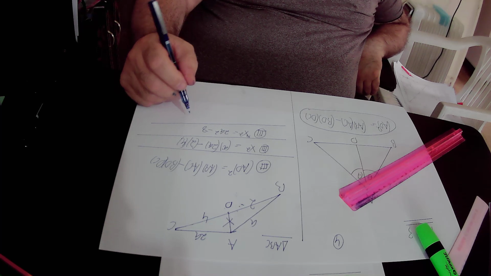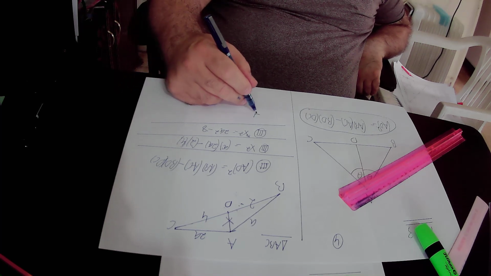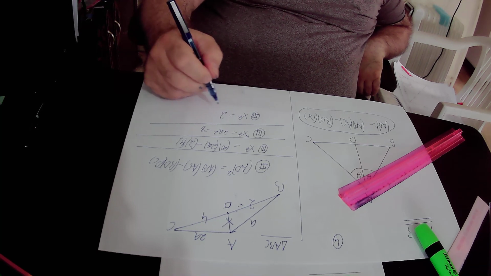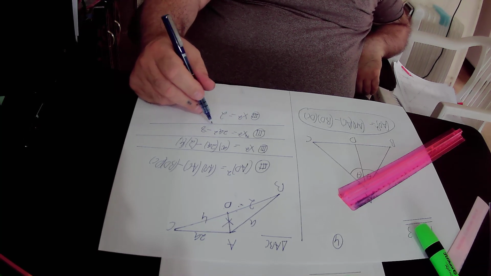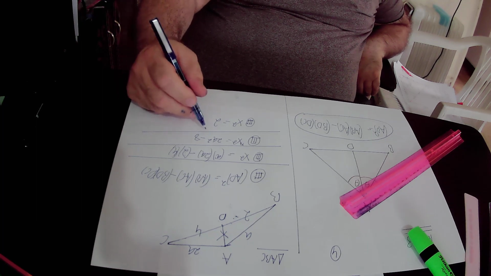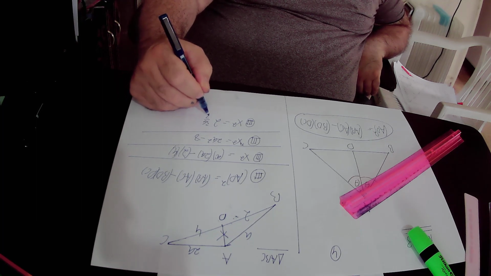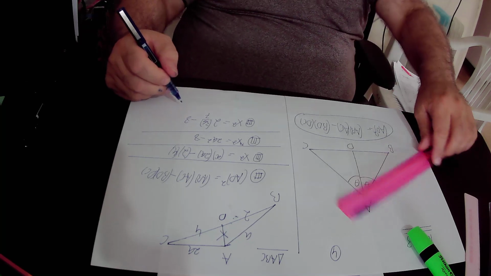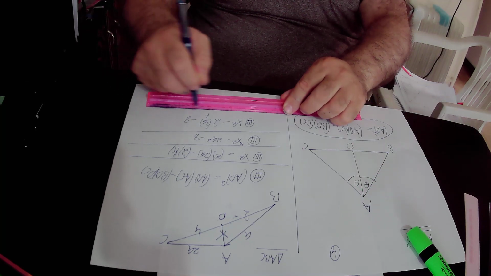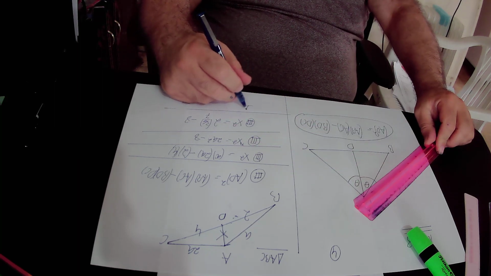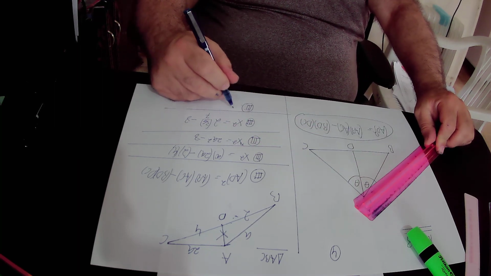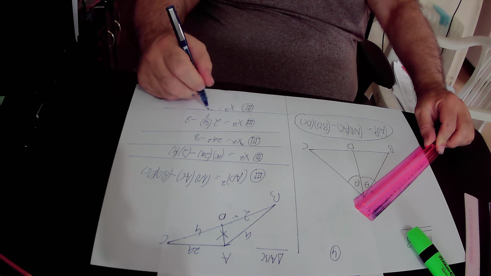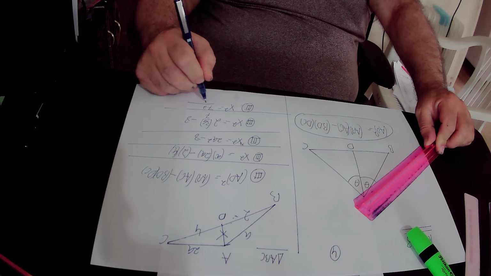But we have already found out that A squared equals 36 over 7. So we substitute A squared by 36 over 7. Here it is minus 8. So here I'm putting equation number 3: X squared equals 2 times 36 is 72 over 7.